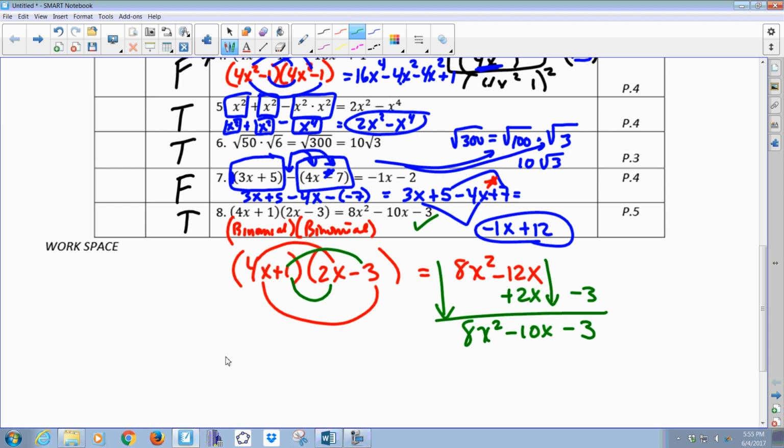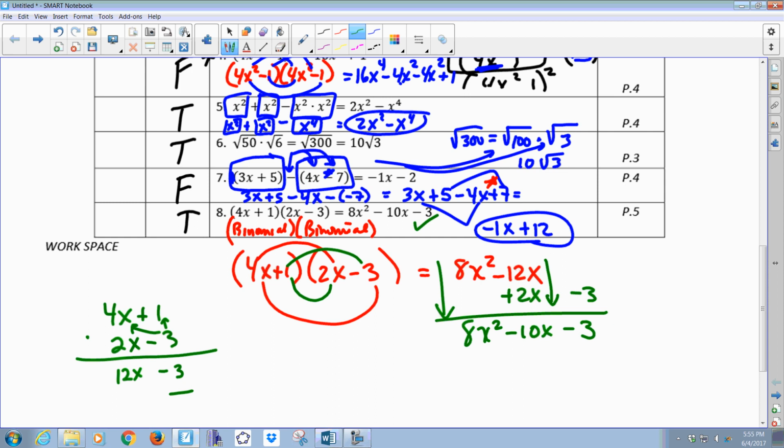I also want to show you that if you're not comfortable multiplying these things horizontally, you could set it up just like you do a two-digit number times a two-digit number. -3 times +1 is -3. -3 times 4x is -12x.